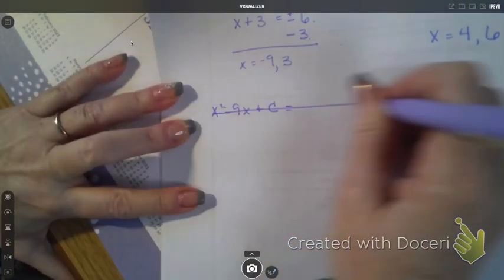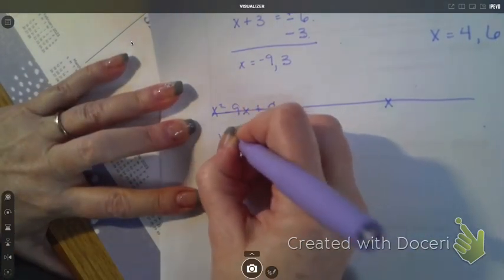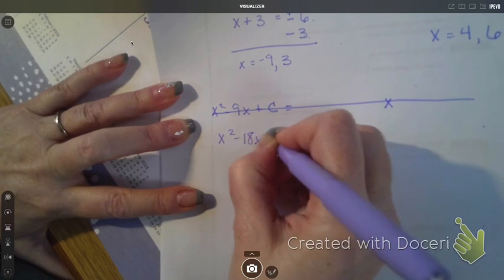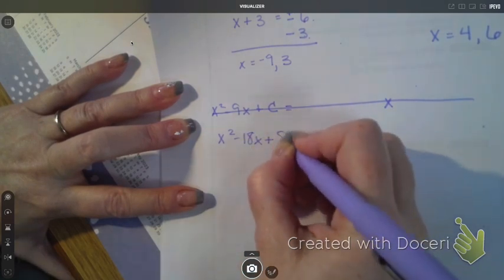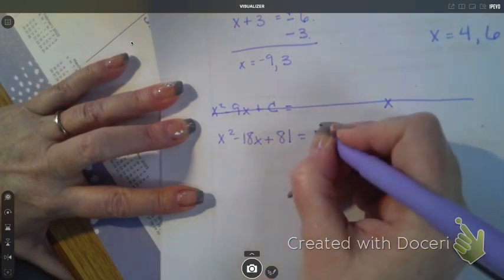Okay. X squared minus 18x plus 81 equals 5.